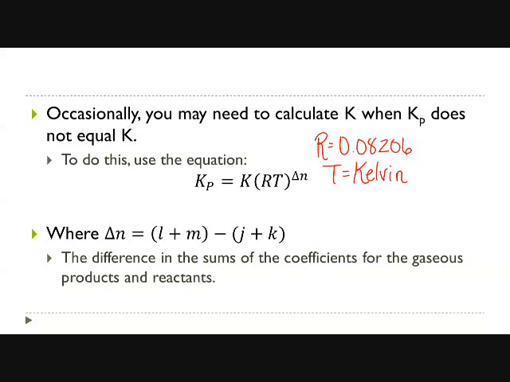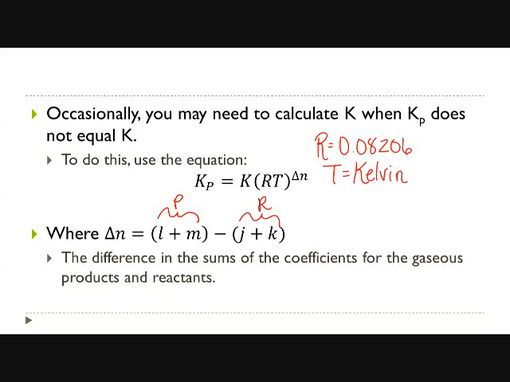And then N is the difference in the sums of the coefficients for the reactants and products. So these L, M, J, K letters come from back on page 6, where those were the coefficients that became the subscripts, where these are supposed to be the products coefficients added together, and these are supposed to be the reactants coefficients added together.